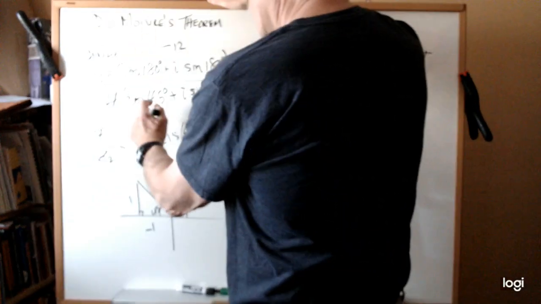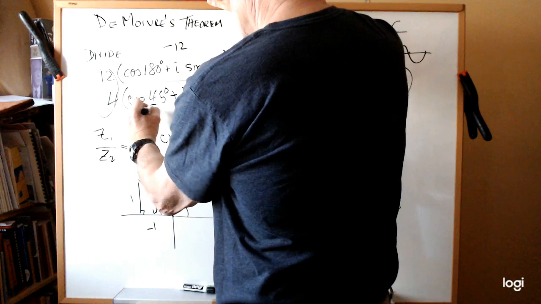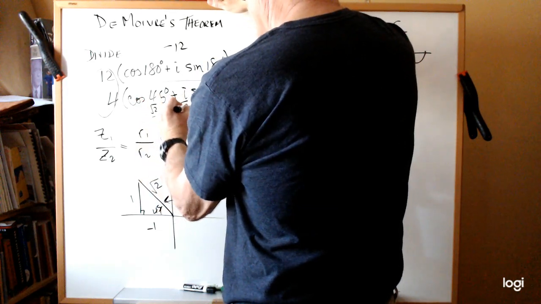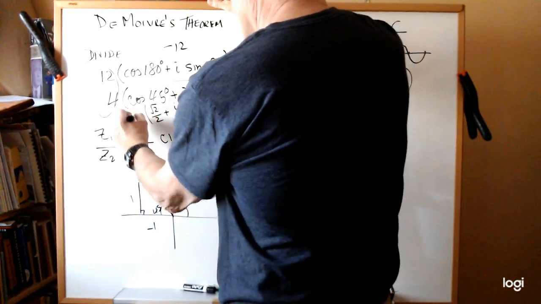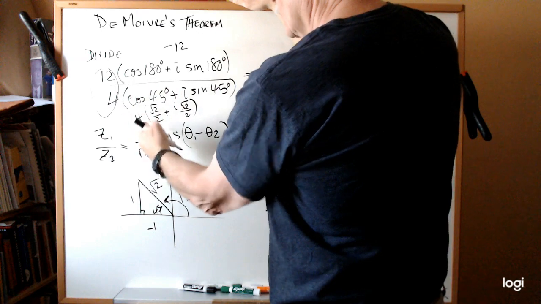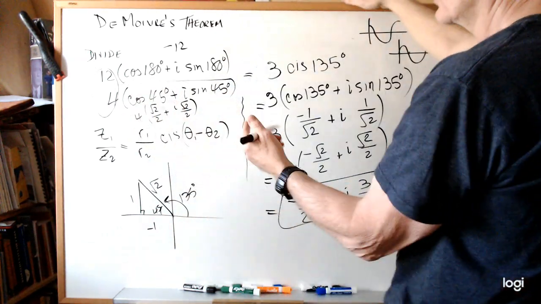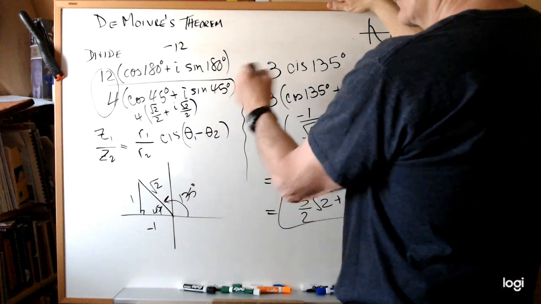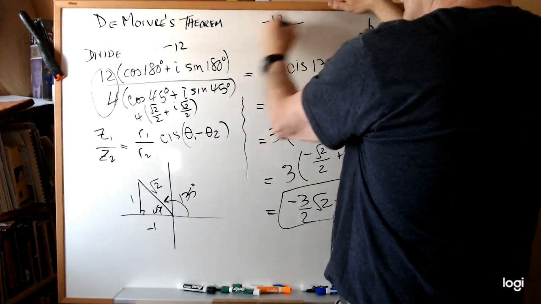And cosine of 45 is rad 2 over 2, and sine of 45 is rad 2 over 2. And when you multiply by 4, you get that this bottom is really 2 rad 2 plus 2i radical 2. So the question could have been written like this.